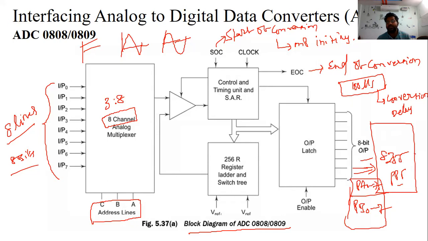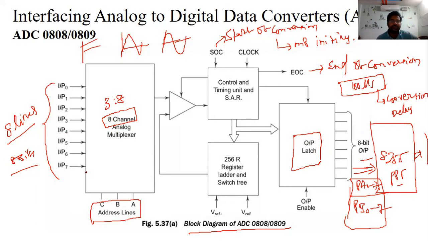Now this is connected to the 8086 microprocessor. So this is the basic structure of the block diagram of the ADC 0808. This is the output latch, which has 8 bits. This is the 3 is to 8, with 3 address lines and 3 input lines, the 3 is to 8 converter and ADC.